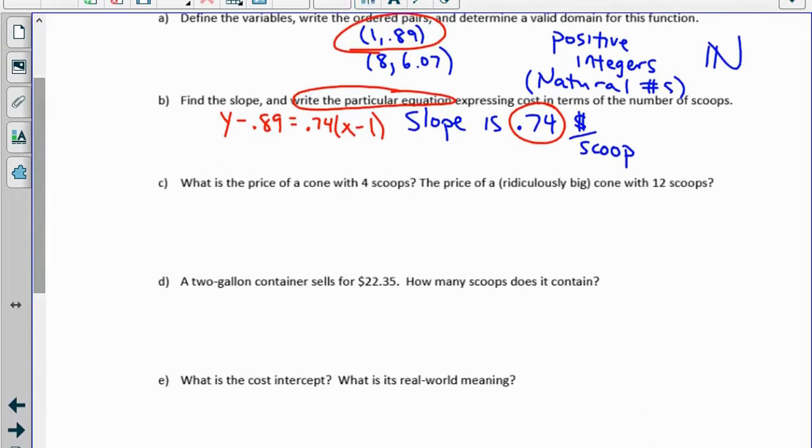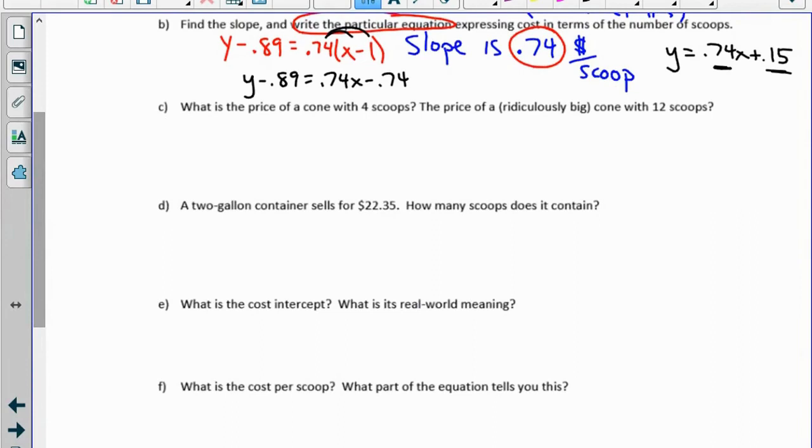And that may actually be easier in this problem. So if I distribute, I'll end up with y minus 0.89 equals 0.74x minus 0.74, and then add the 0.89 over. So I could end up with the equation y equals 0.74x plus 0.15, and that gives me a slope and a y-intercept.